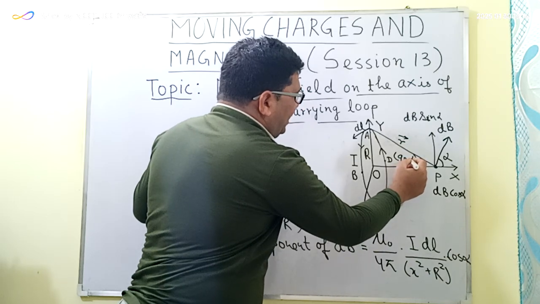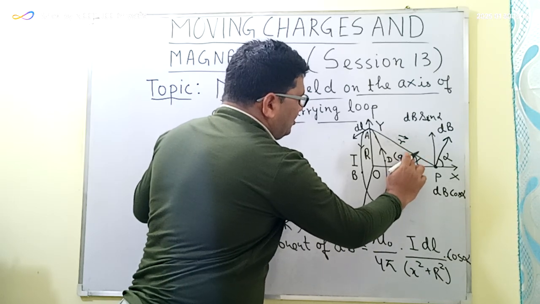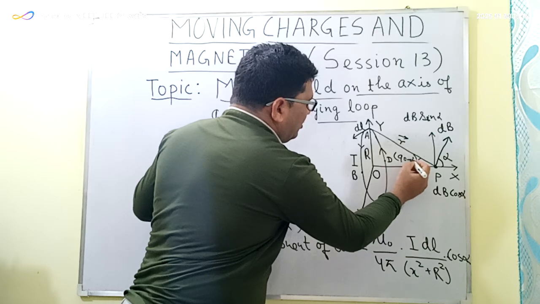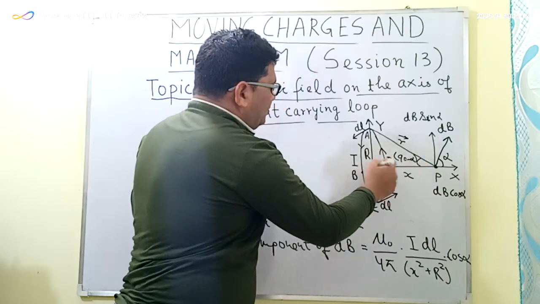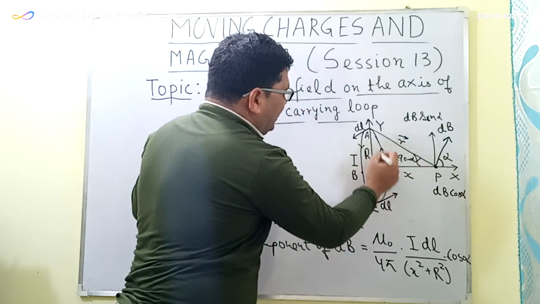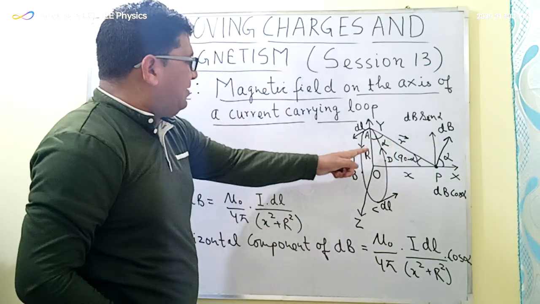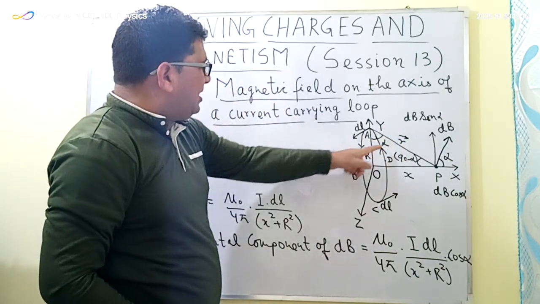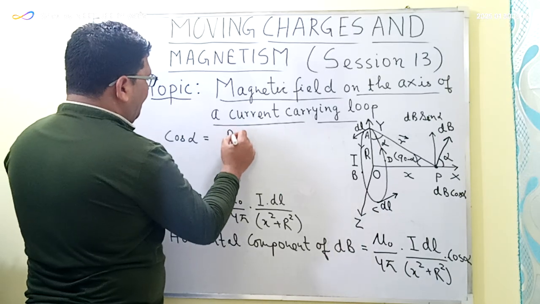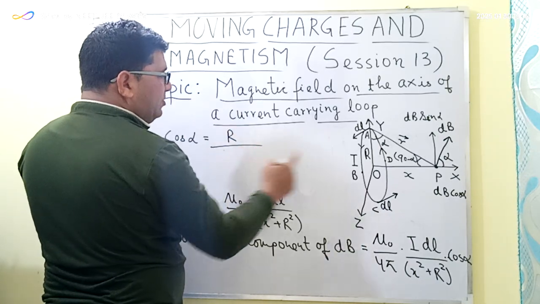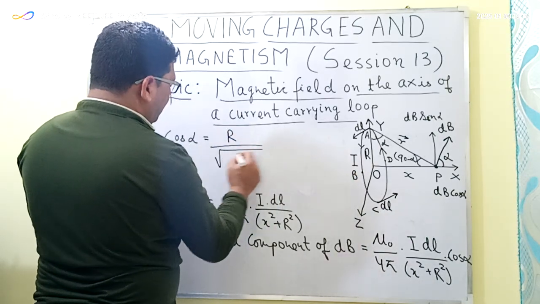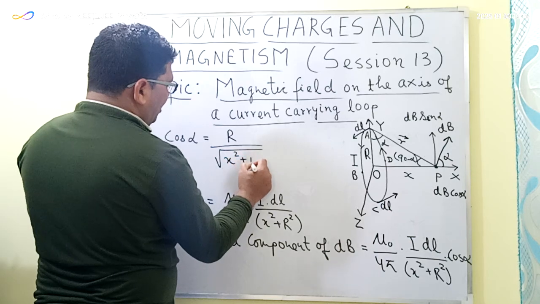If this is equal to 90 minus alpha, and this angle is 90, so this angle will be equal to alpha. And if this angle is alpha, then cos alpha will be equal to R divided by under root x square plus R square.